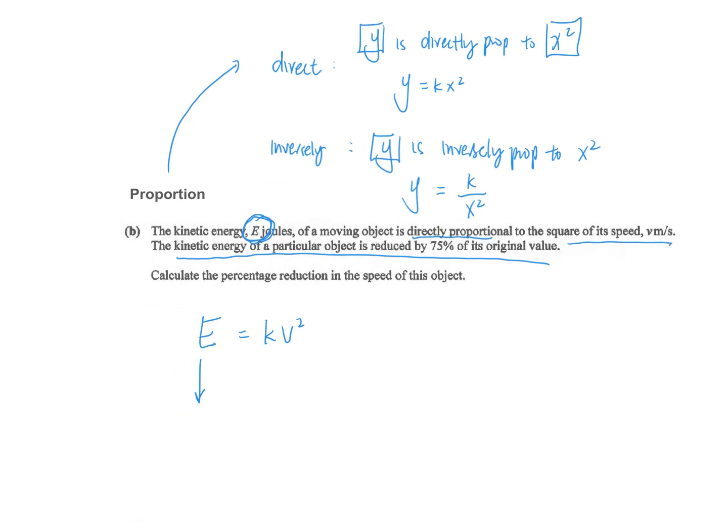So meaning, instead of E now, I'm left with 25. Reduce by 75% means I'm left with 25. So I'm only left with 25% E. So how do I calculate what is my new V? Yes, that one is the original. So all this is original.